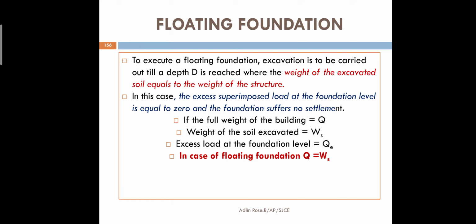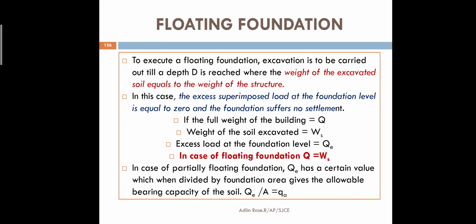What is the meaning of weight of soil excavated? Whatever we excavate, we are going to put concrete inside it. That is the indirect meaning. So Q is equal to WS in case of a floating foundation.